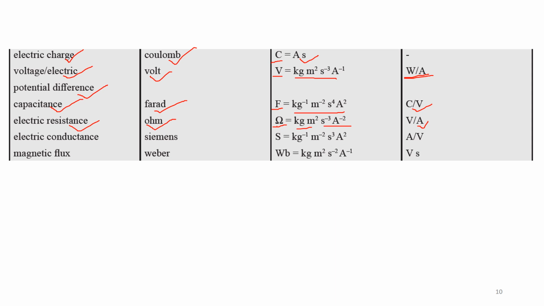Next, electric conductance is denoted as Siemens, S, per kg per meter square, S cube ampere square. S here is obviously second. It is ampere per volt. Magnetic flux is Weber, WB, kg meter square per second square per ampere, which is volt second.